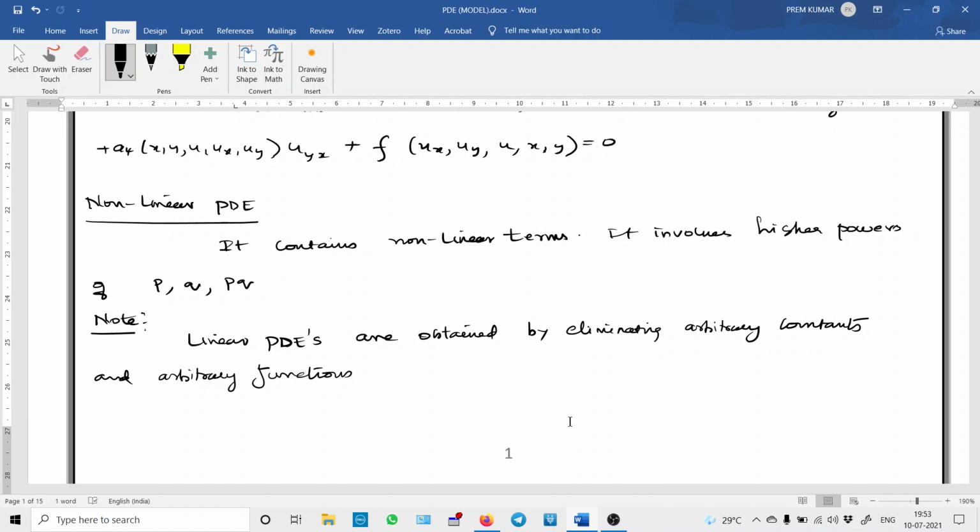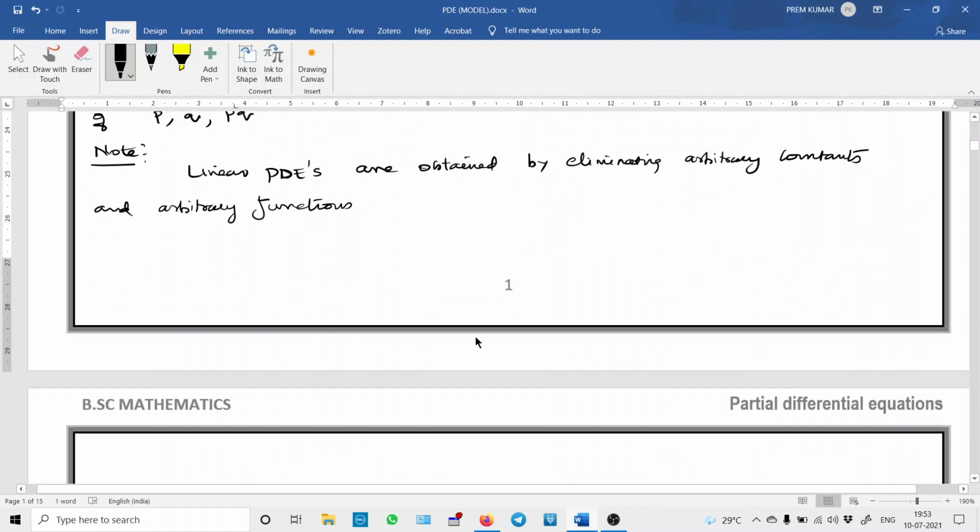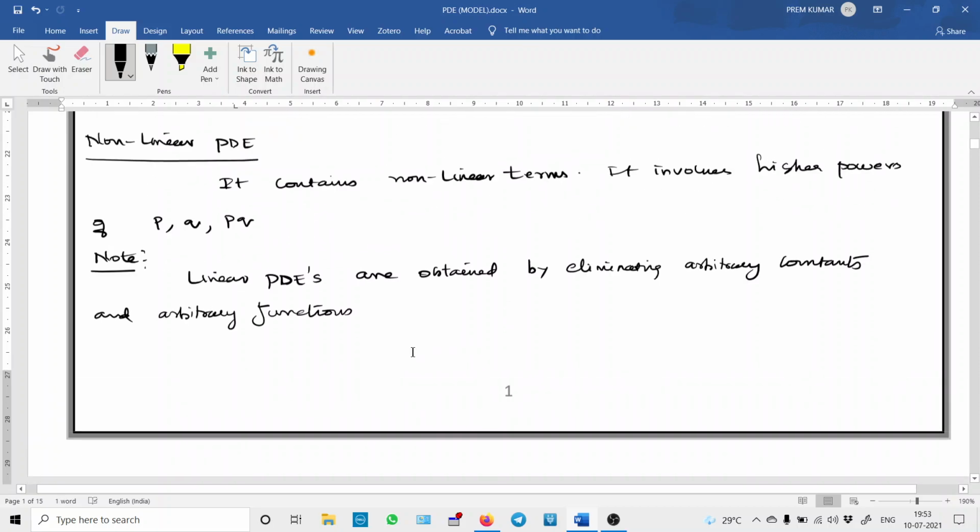So we are going to discuss the different solutions of a PDE. The partial differential equations which involve higher powers of p, q and pq are called non-linear PDEs. And now we are going to discuss the different kinds of integrals or solutions of a partial differential equation.